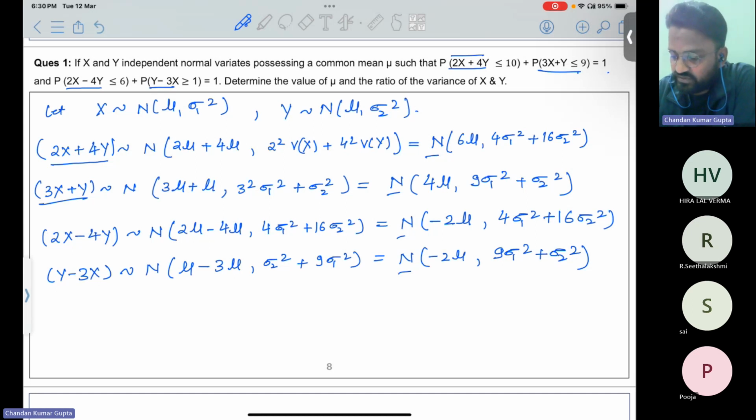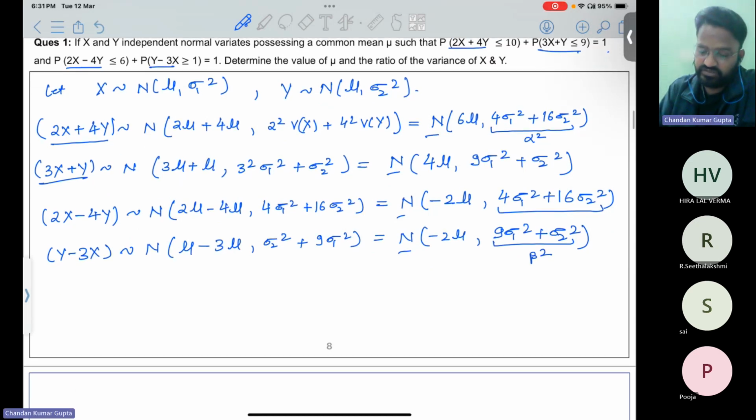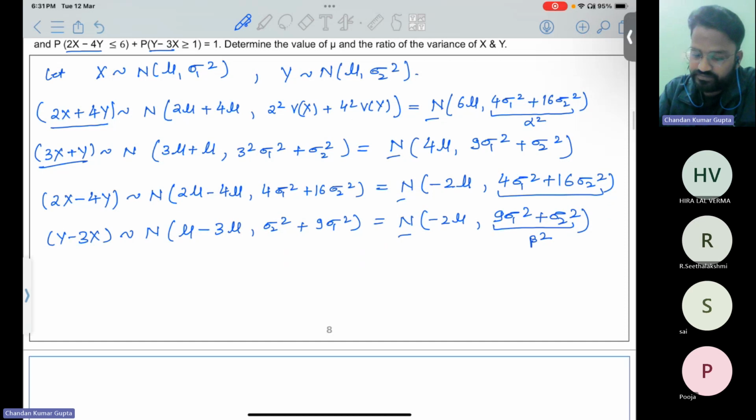Here, 4 sigma 1 square plus 16 sigma 2 square is there. For simplicity, we may consider it as alpha square, and 9 sigma 1 square plus sigma 2 square as beta square. Now we standardize these distributions.